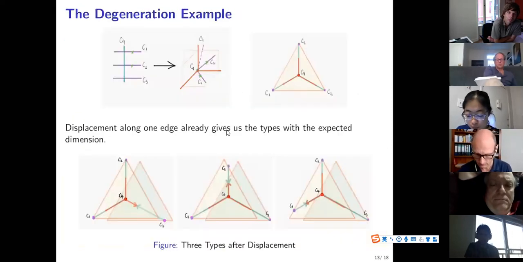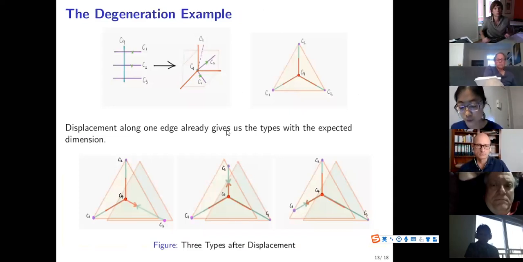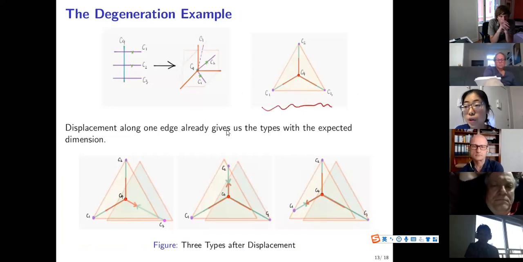Okay. So let me give an example of this. Let's go back to our favorite example. So in this case, we know that this is the type that we are looking at. This is the rigid tropical curve, and we are trying to displace it a little bit.